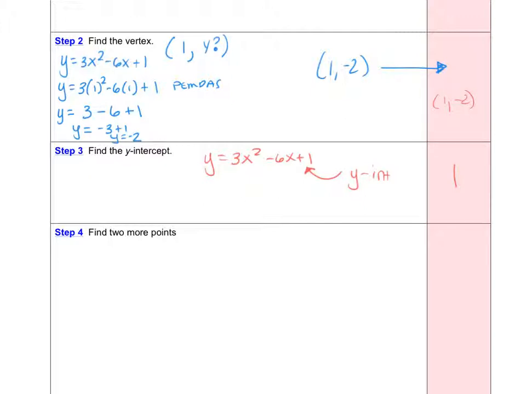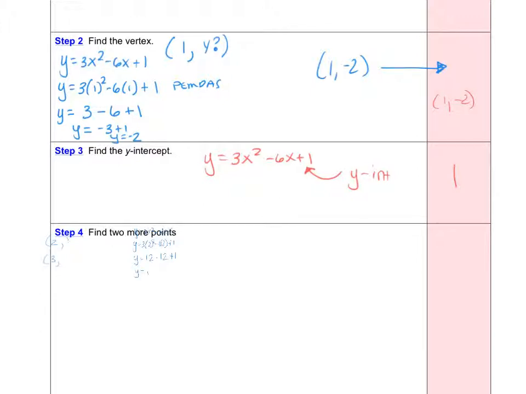Let's do 2 and 3. I pick 2 and 3, then I'm going to plug those into the equation y equals 3x squared minus 6x plus 1. Y equals 3 times 2 squared minus 6 times 2 plus 1. PEMDAS, we do the exponents first. 2 squared is 4 times 3 is 12, minus 6 times 2 is 12, plus 1. So y equals 1.